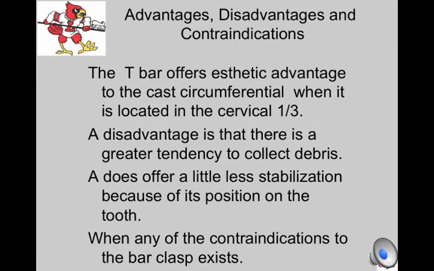A disadvantage is that there's a greater tendency to collect debris in the area where the bar stands away from the tooth and tissue. This can lead to decalcification of the tooth or inflammation of the tissue. This is why the bar is contraindicated when the undercut is high on the tooth, as in the bulbous tooth or the labially inclined tooth. All of the contraindications for the bar clasp apply to the T-bar.